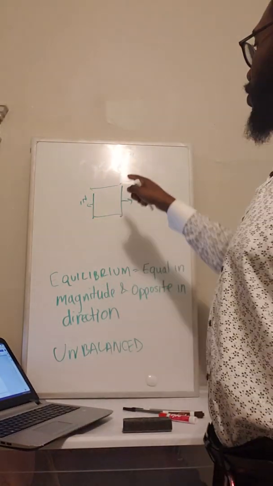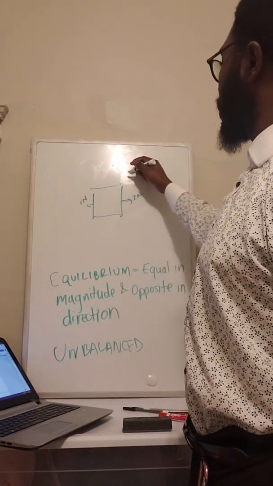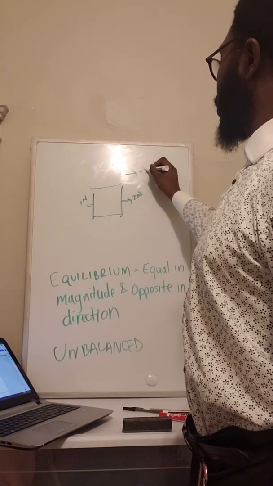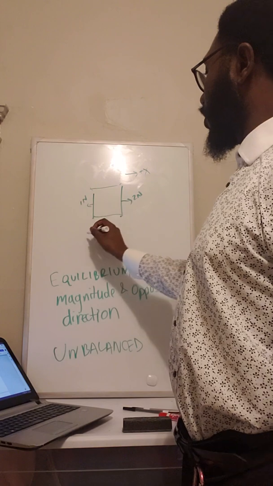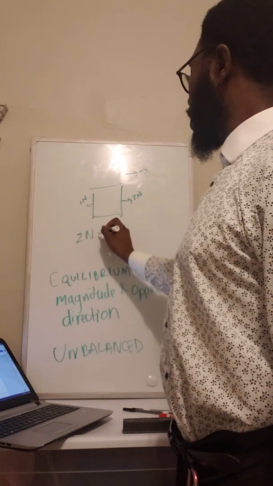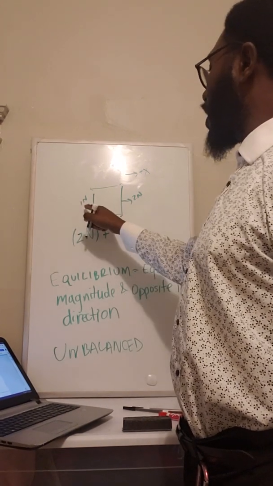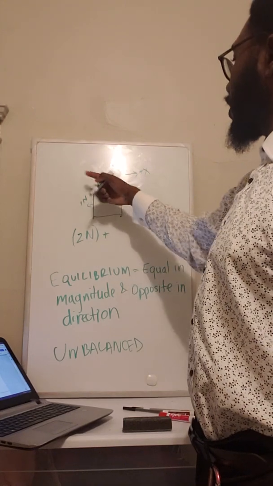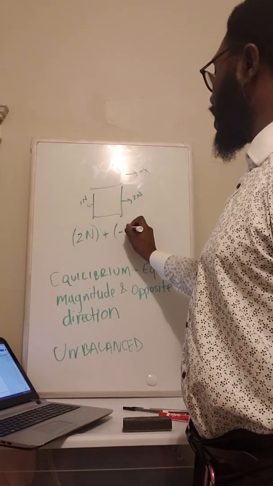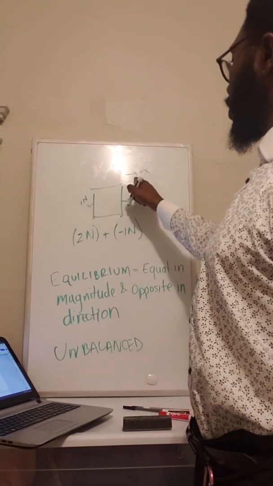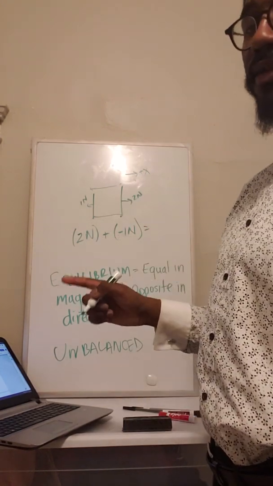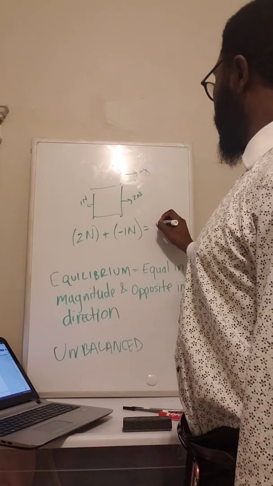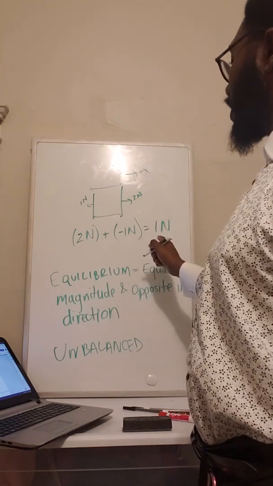Okay? So if we label this positive being to the right, then that means this 2 newtons, because it's going to the right, is positive. And we're going to add 1 newton, which is going to the left, which means it's going to be negative with respect to our coordinate axis. All right? So once we add these together, positive 2 newtons plus negative 1 newton equals a positive 1 newton.